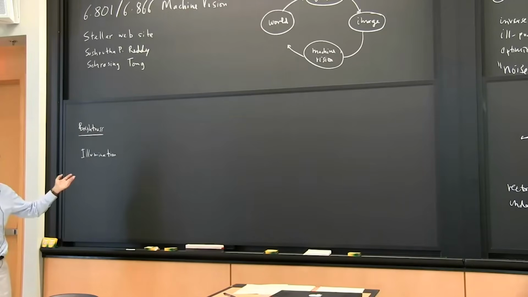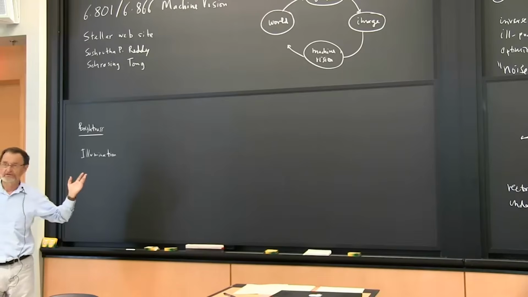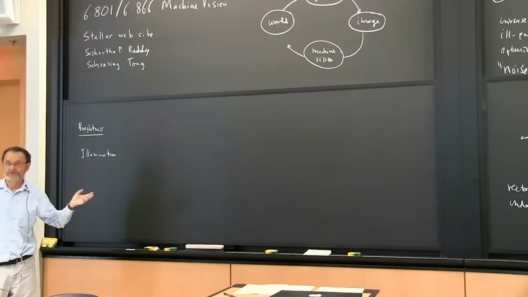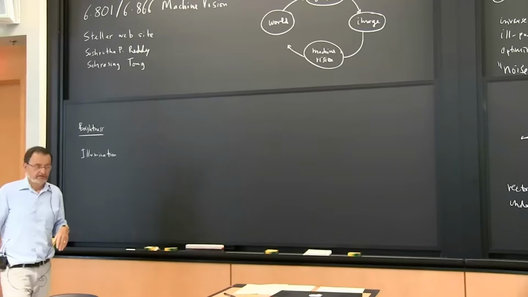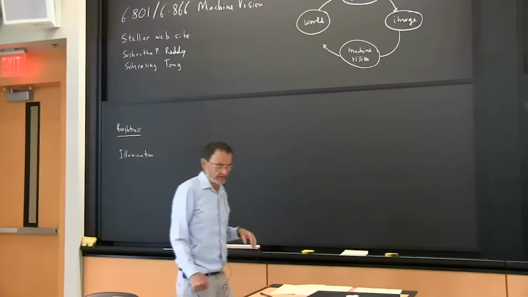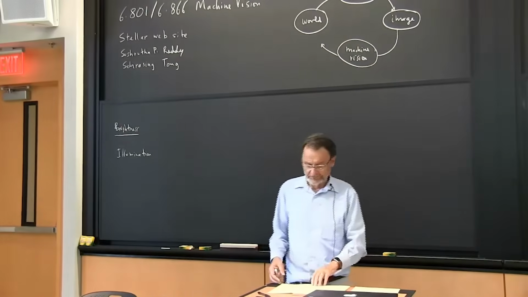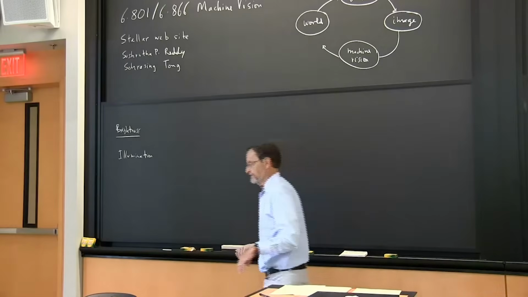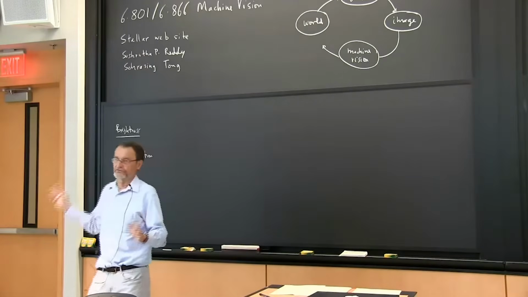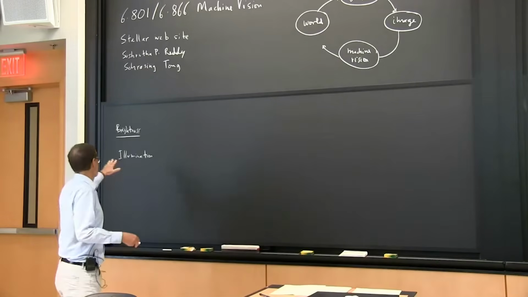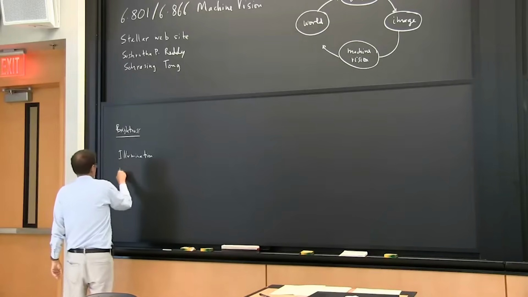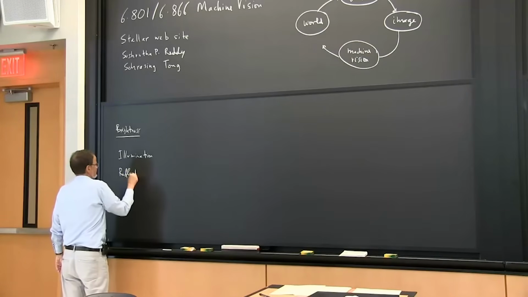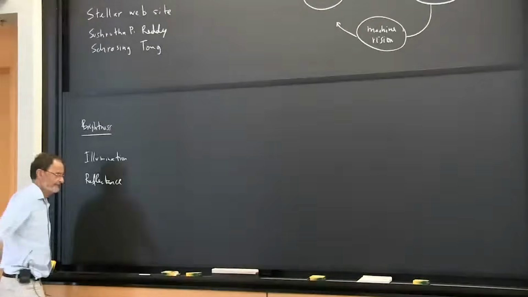This is linear over many, many orders of magnitude. When does it stop being linear? Well, when you put so much energy on the surface that you're melting it. You have to actually have enough energy to fry it. It's a little bit like Ohm's law, which is also one of those remarkable things that for some materials is linear over many, many orders of magnitude. Anyway, brightness depends on the illumination, and then it depends on how the surface reflects light.